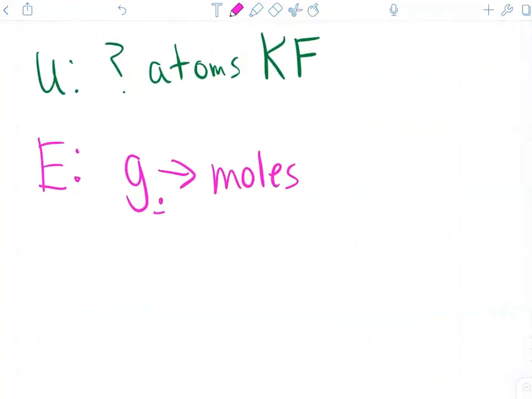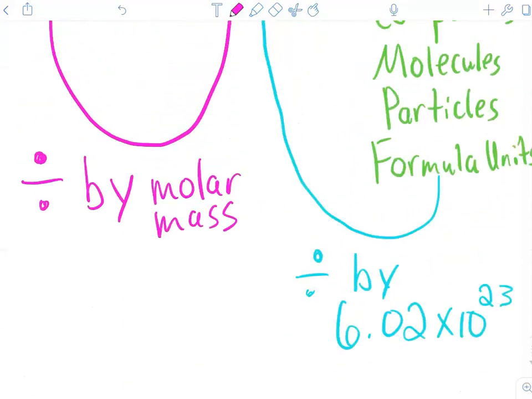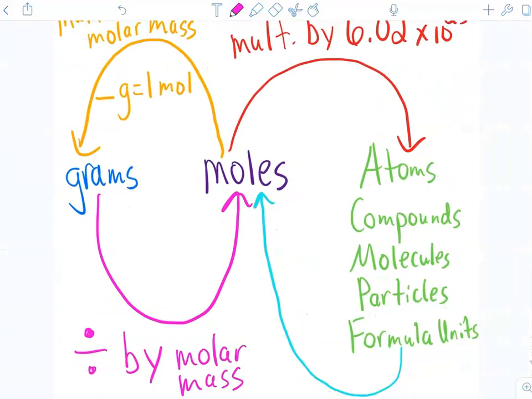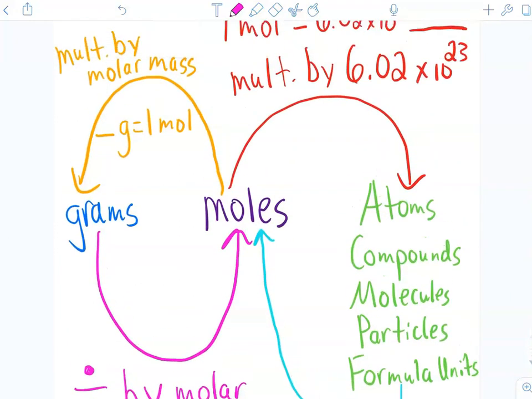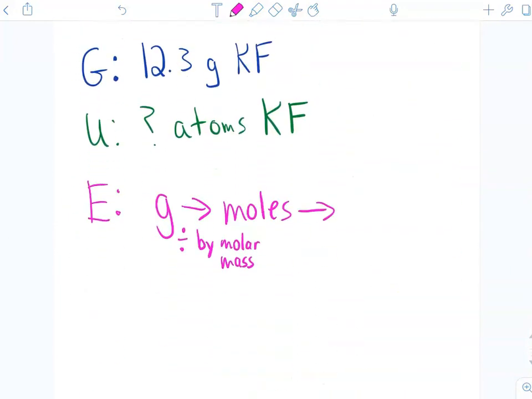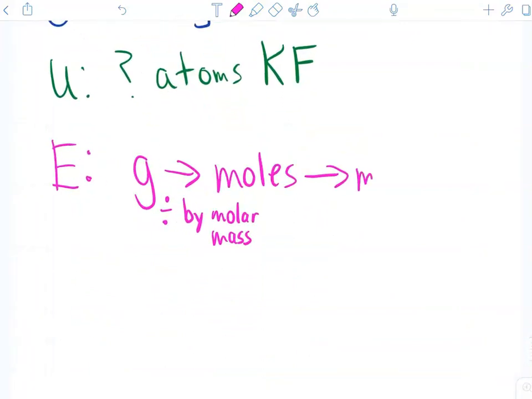And remember, I write that below my arrow because I am going to be dividing. Then, once I'm in moles and I'm trying to go to atoms, I follow my arrow and I'm going to multiply by 6.02 times 10 raised to the 23rd.